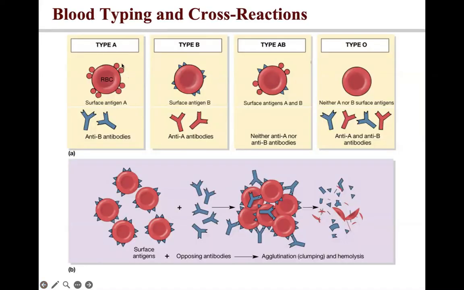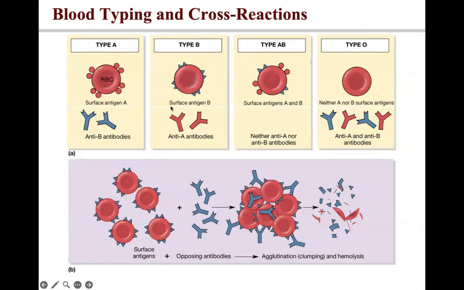So for example, red blood cell A has antigen A. So it can only receive blood from type A person because it has antibodies B. It cannot receive blood from type B. On the other hand, since it has antibody B, it cannot receive blood from type AB because if it does, these antibody B will bind to these antigen B and coagulate.